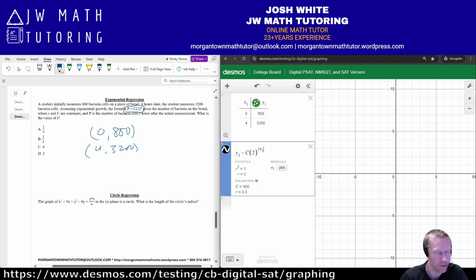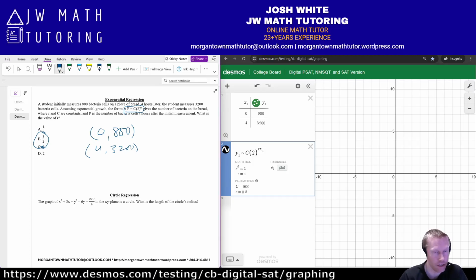This is correct because if you're familiar with the general format of exponential functions, C is in the spot where the initial value or starting amount goes. So that matches, that's correct. And R in this case is 0.5 or 1/2. So the correct answer to this problem would be, looks like letter A. No, not letter A. What am I saying? Letter B, right here, 1/2.